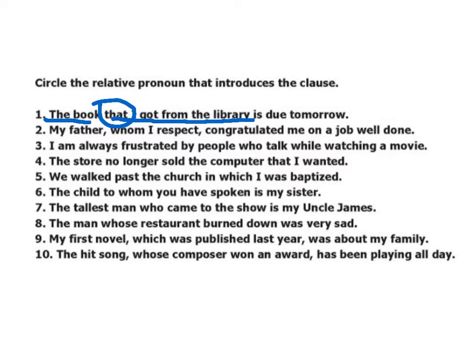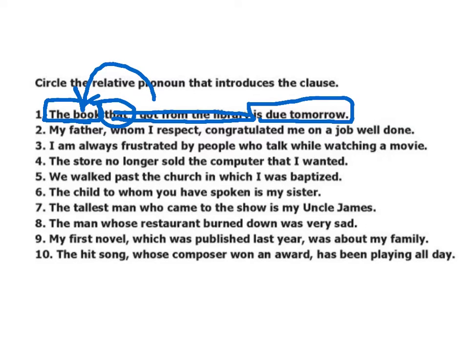The book is due tomorrow. So that is the independent part of the sentence. So that I got from the library is the relative clause which gives more information about the book. So we could take that whole part out and it wouldn't affect the sentence.